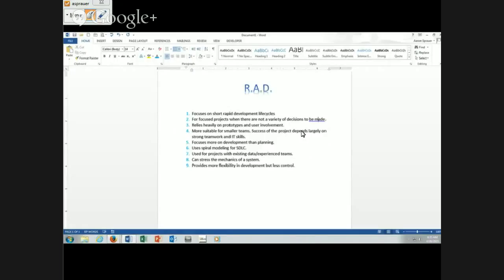So RAD focuses on short, rapid development life cycles, faster generally than JAD. It's for focused projects where there aren't a variety of decisions to be made. There's not a whole lot of focus on planning. The focus is more on development.